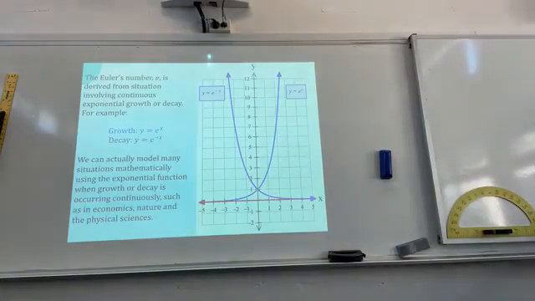Talk about Euler's number e. It's derived from a situation involving continuous exponential growth or decay. For example, growth is y equals e to the power of x, whereas decay is y equals e to the power of minus x. We can model many situations mathematically using the exponential function when growth or decay is occurring continuously, such as in economics, nature, and physical science.